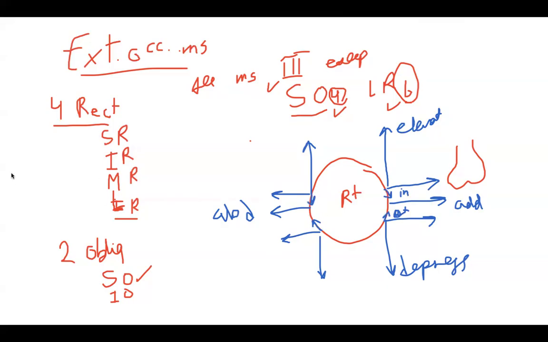You have to memorize this perfectly. So again, elevation is moving up, moving down is depression, toward the nose is adduction, away from the nose is abduction, clockwise is intorsion, and the opposite of intorsion is extorsion.